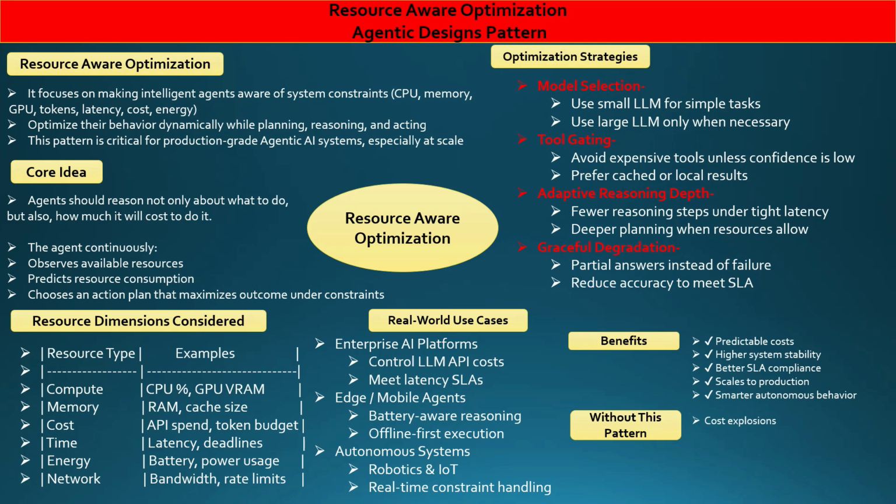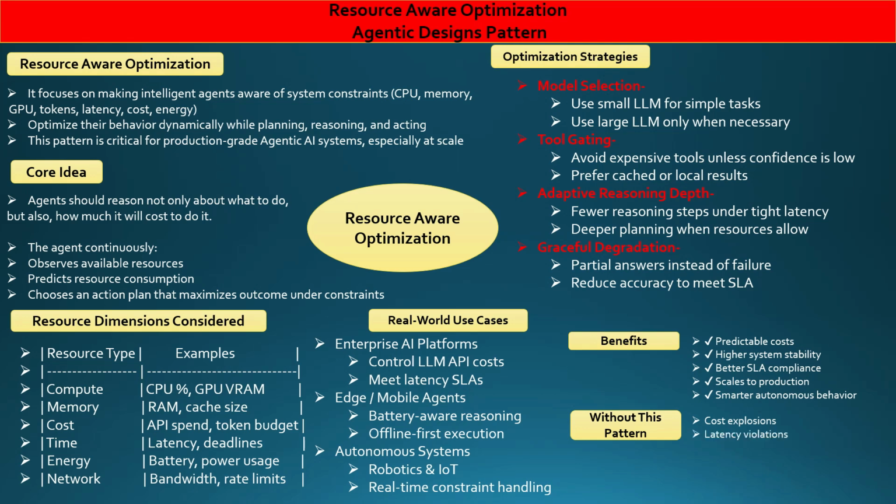The first is cost explosion. The agent always uses large LLMs, unlimited reasoning steps, and frequent tool and API calls, which burns tokens, compute and money. The result is unexpected and uncontrollable AI spending.